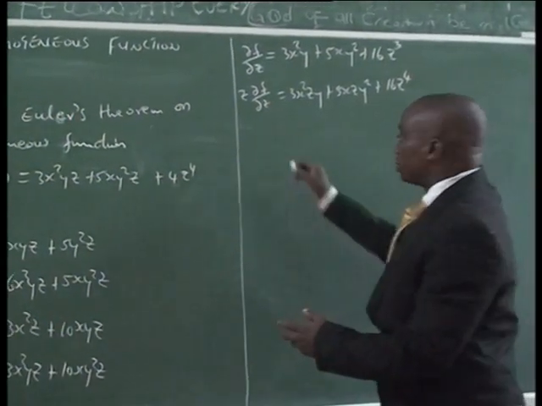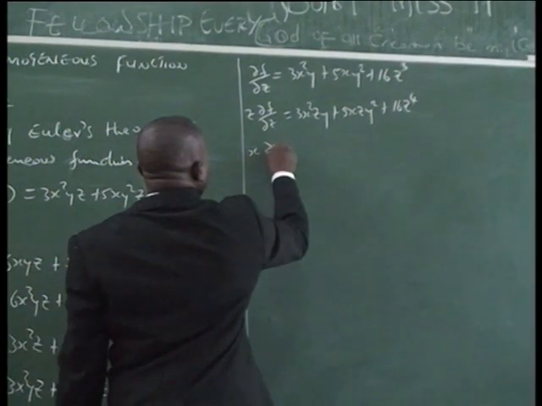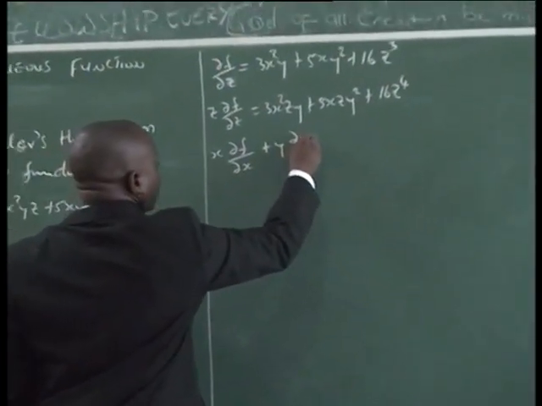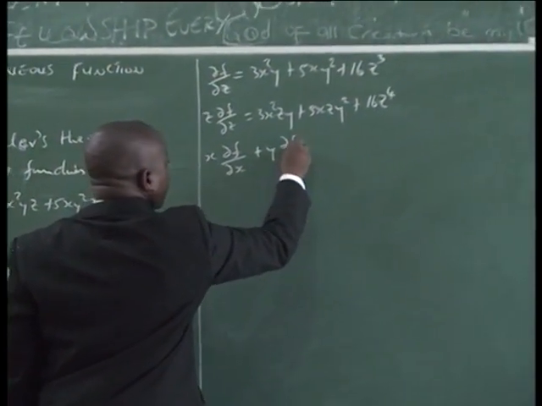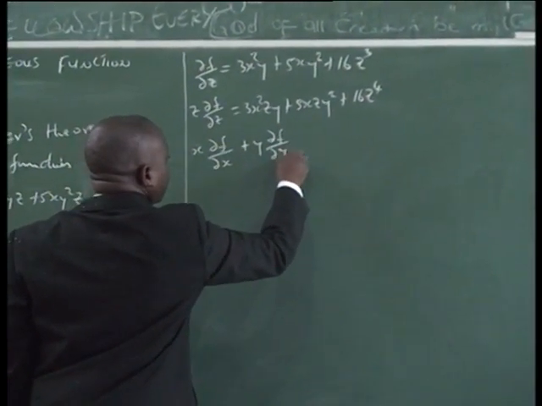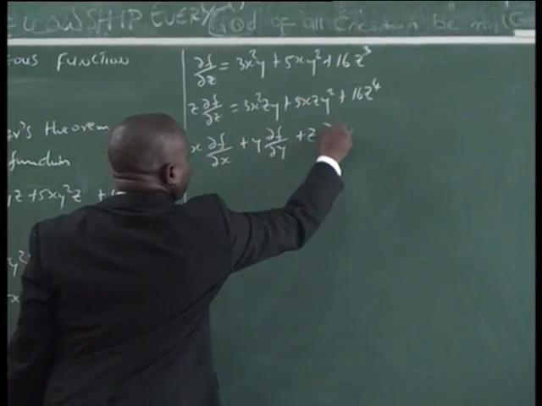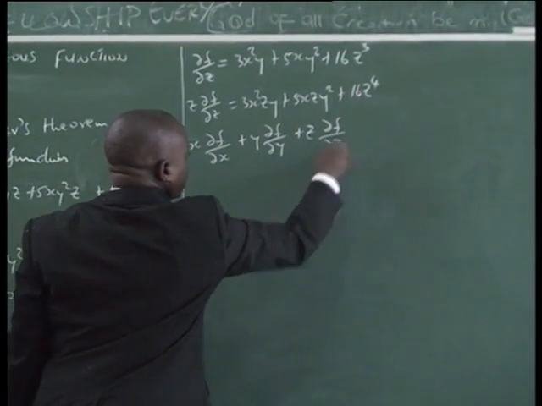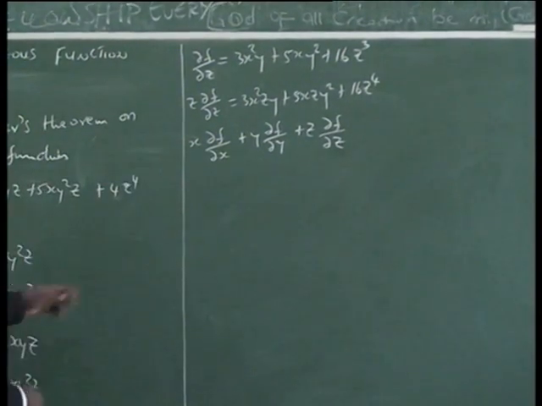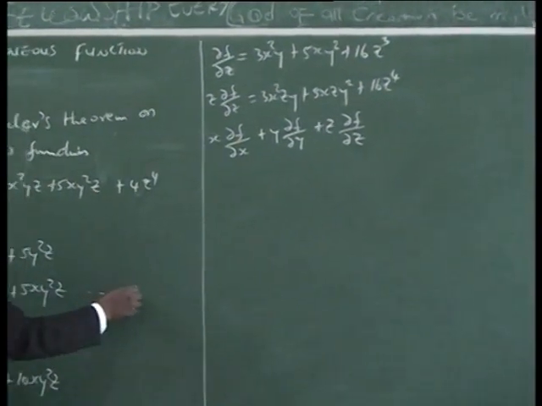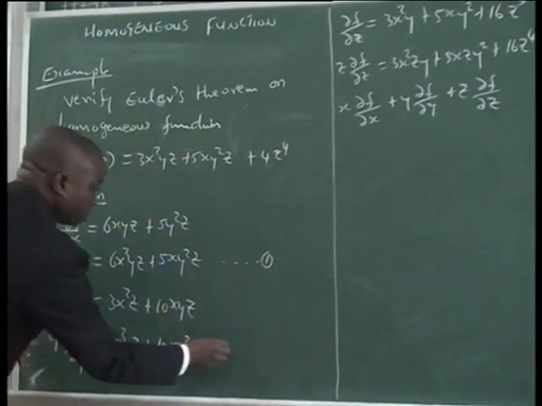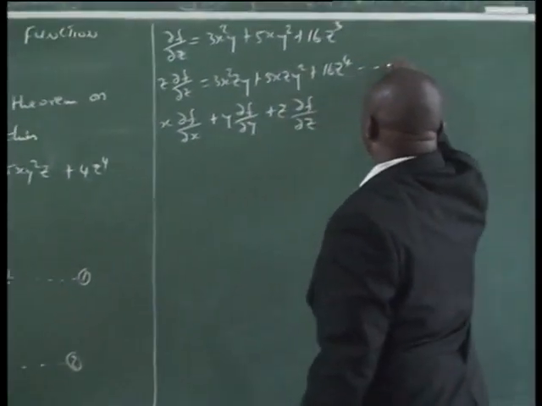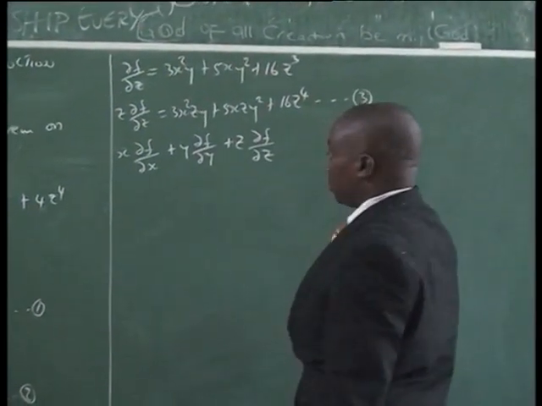Now we want to add x partial f partial x plus y partial f partial y plus z partial f partial z, which is this one, also this one, and then this three.